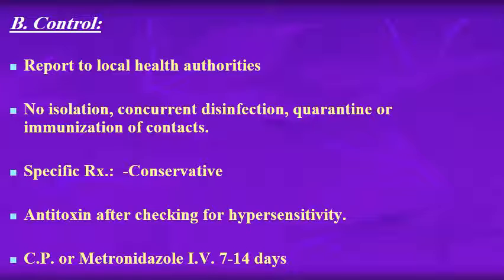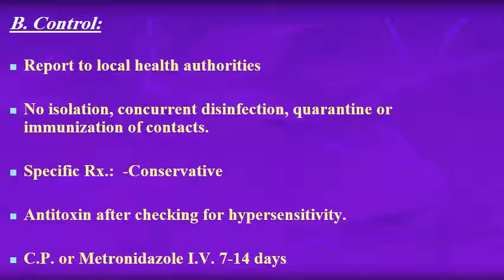Of course, this antitoxin is to neutralize the circulating toxin in the blood, not in the tissue, because once it goes to the tissue and binds to the cells, we cannot deal with it, we cannot remove it.